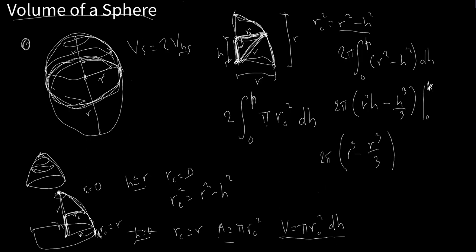And so with that, r cubed minus r cubed over 3 is 2r cubed over 3, times 2 pi. And so distributing this, we have the volume of the sphere is equal to 4 thirds pi r cubed.